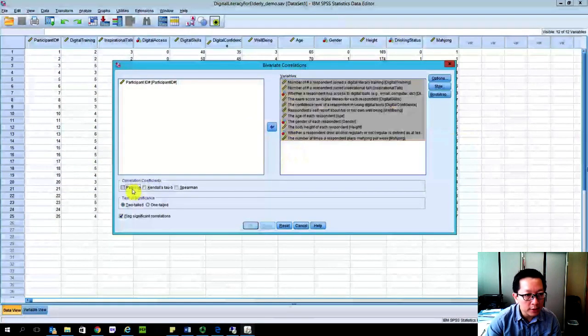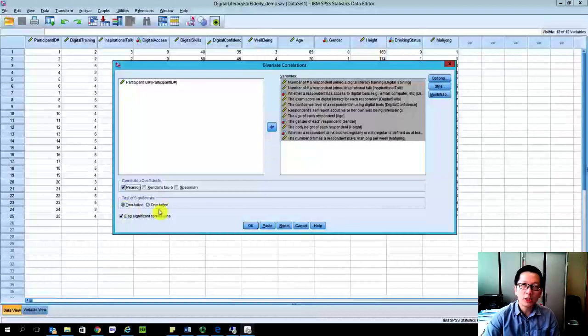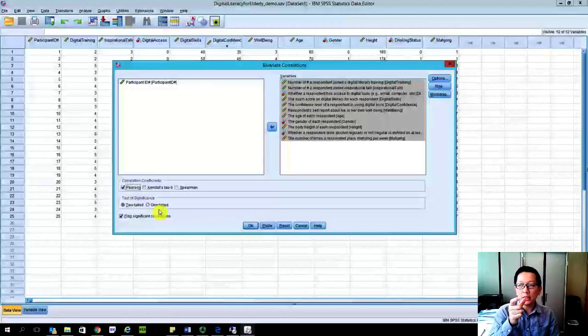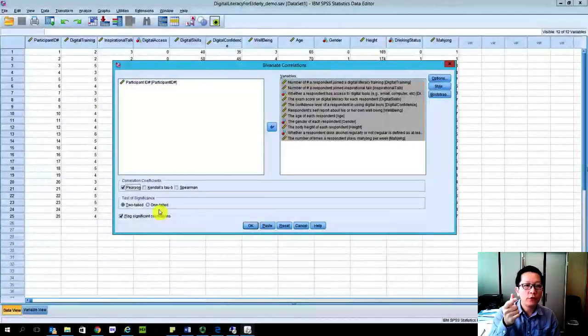I only click Pearson. Of course you can choose Kendall or Spearman, but I want to check Pearson, which is the most popular correlation coefficient. I only want two-tail. One-tail is used when you know exactly the specific direction of your hypothesis.